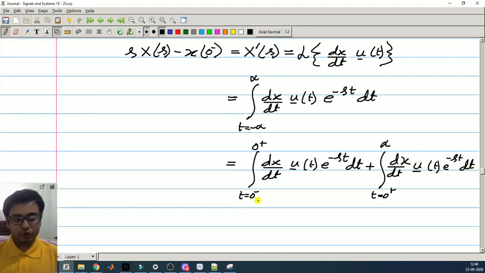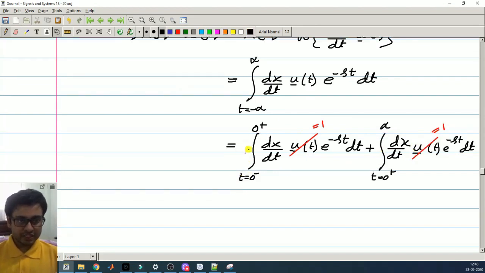Before 0 minus u is 0, so we need not integrate before 0 minus. Now this u is equal to 1 in this range as well as in this range.